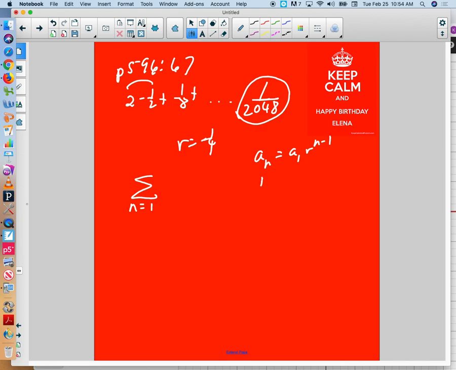I know that somehow I got to 1 over 2048 by starting with A sub 1, which is 2. I know my ratio is negative 1/4 to the n minus 1 power. So I'm going to multiply that one. This is a great question. I'm going to multiply by 1/2 and get 1 over, I believe it's 4096, is negative 1/4 to the n minus 1.